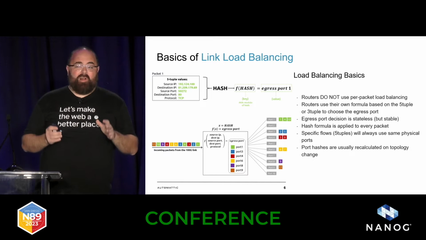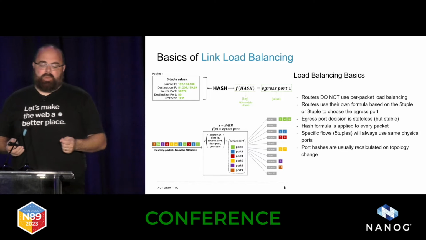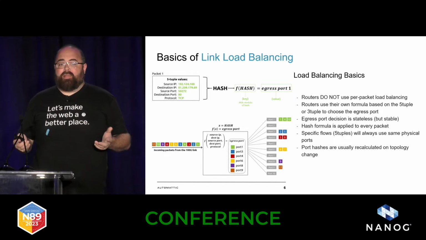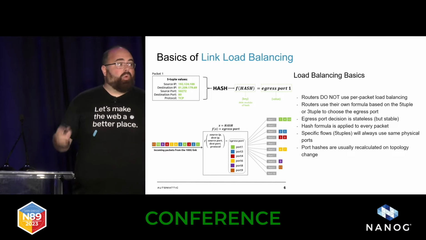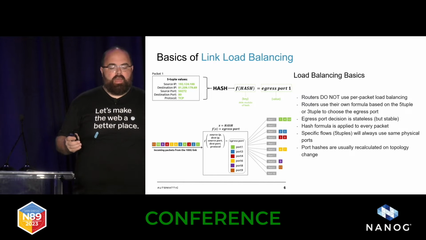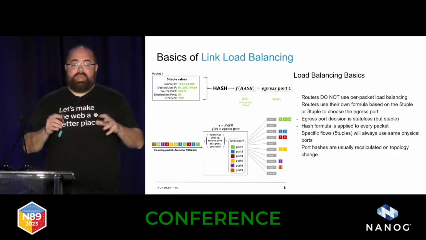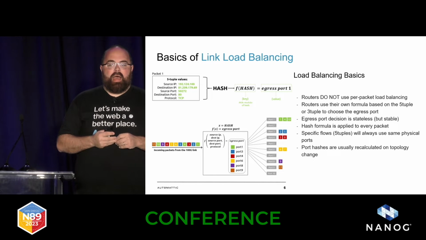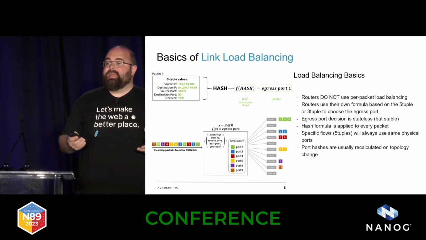For some protocols, really notably ICMP, it's actually only a 3-tuple, because there's no concept of a port on ICMP. And why is this important? It's the 5-tuple that the router uses to choose which physical port in some equal cost group, whether an ECMP path or a link aggregate, is used for any given datagram.